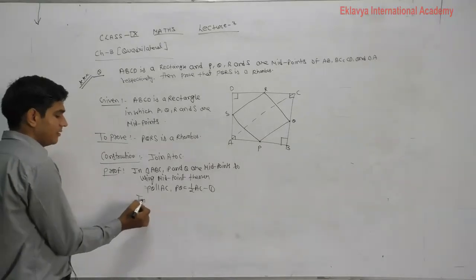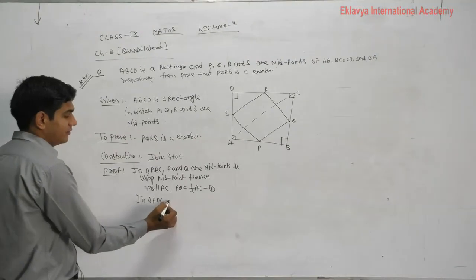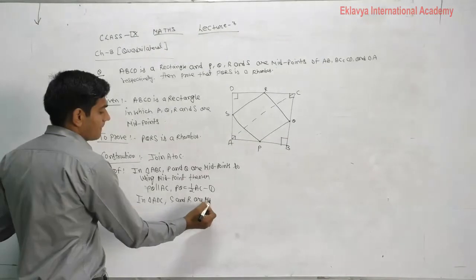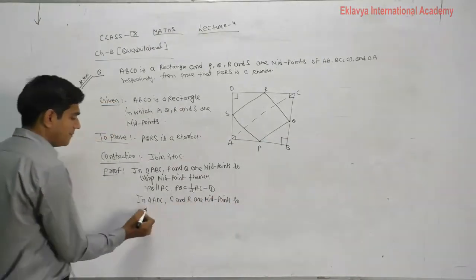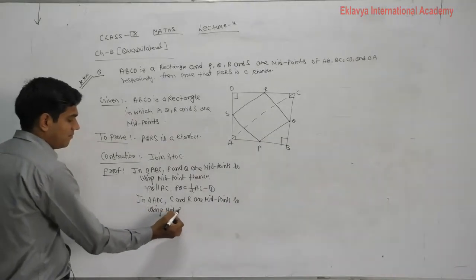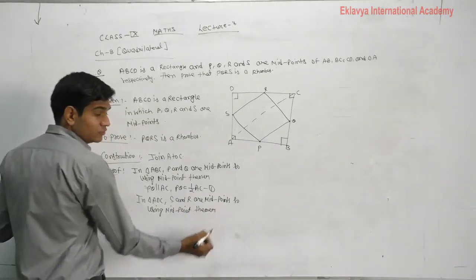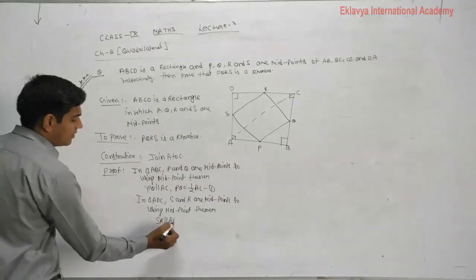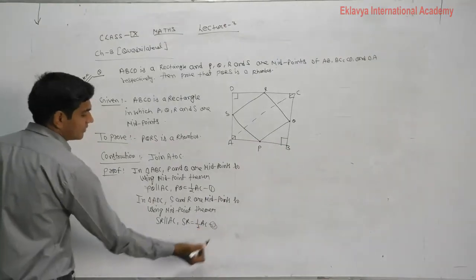Similarly, in the second triangle ADC, S and R are midpoints. So using the midpoint theorem, SR is parallel to AC and SR is equal to half of AC, equation number second.